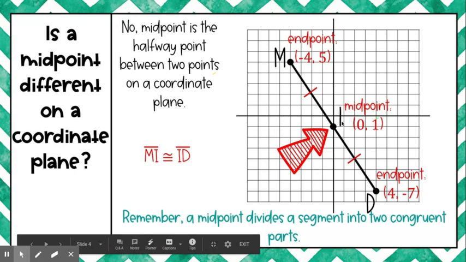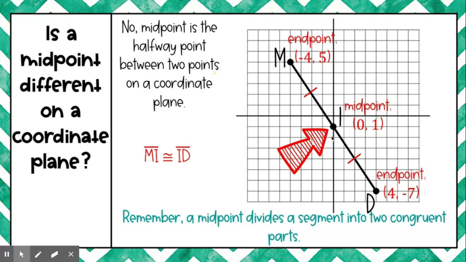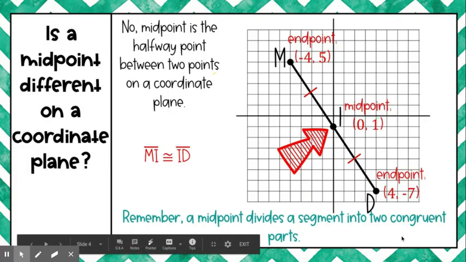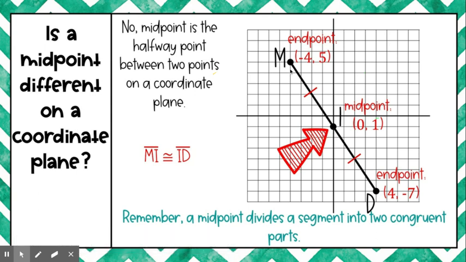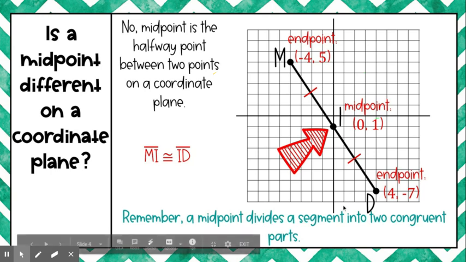And the midpoint right here at I is just a point that divides this whole segment into 2 congruent parts. So if we put the midpoint here, line segment MI is going to be congruent to line segment ID over here. And we mark that they're congruent by putting the little tick marks right there to show that they're the same.